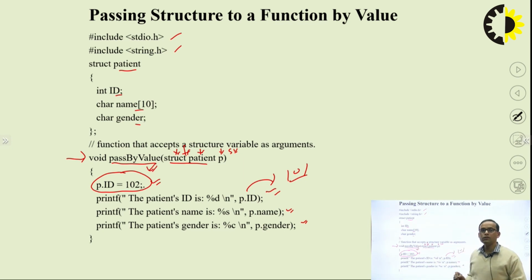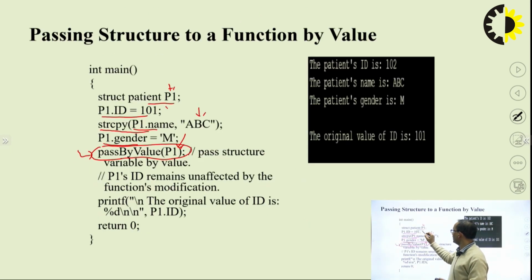So in case of call by value, if we try to assign a new value to this 101, we cannot change it. This is the actual value, and the actual value will remain the same. When we compile and execute this program, this will be the output.